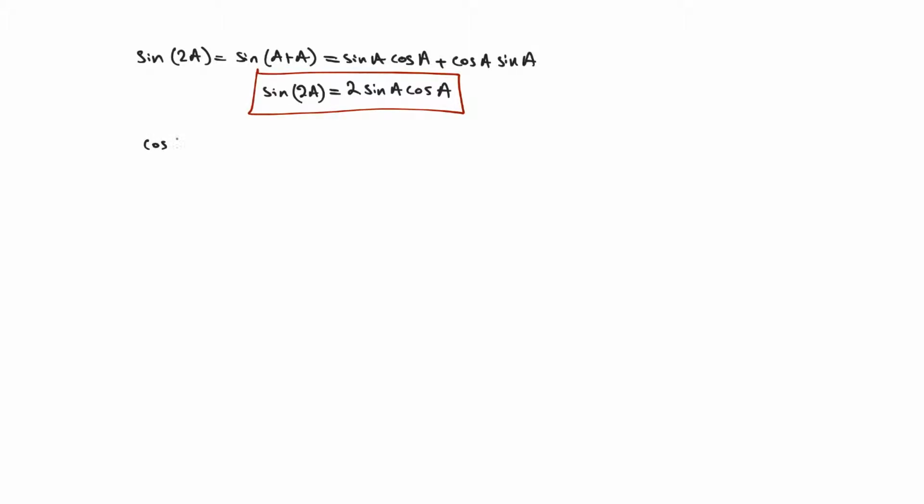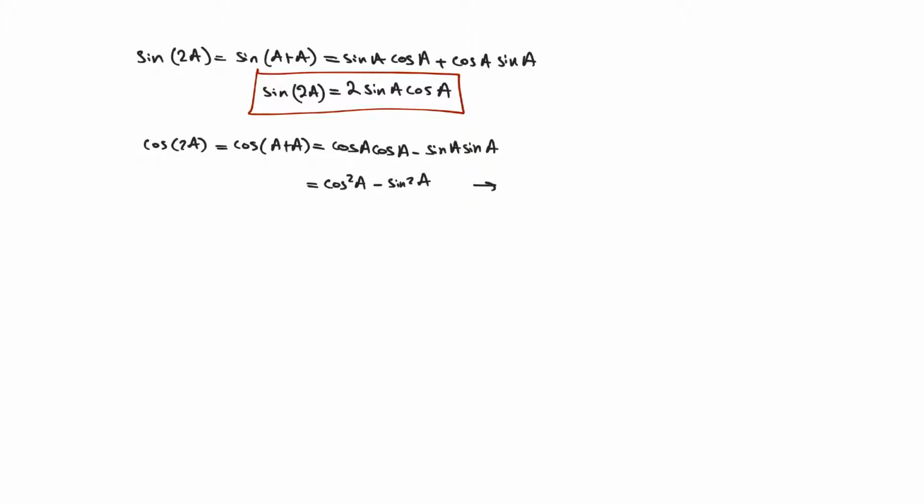For cosine of 2a, this is equal to cosine of a plus a. If we put in our formula, we get cos a cos a minus sine a sine a, which means cos squared a minus sine squared a.